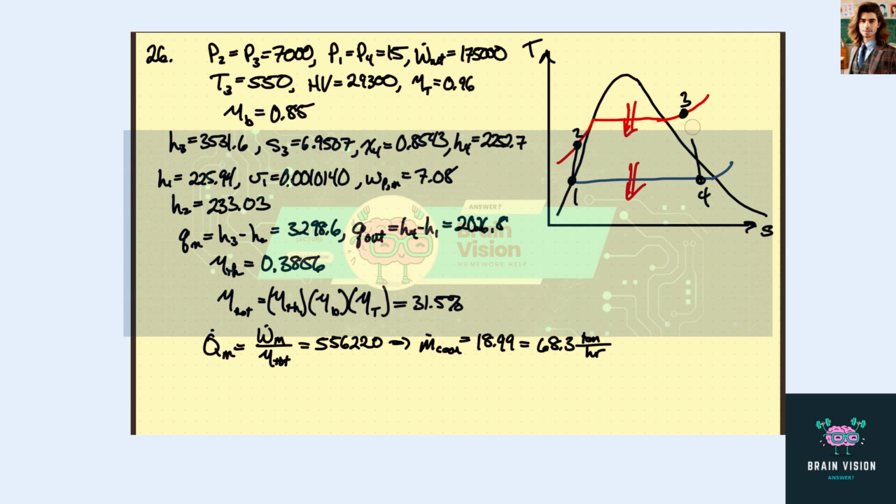So 4 should actually be directly below 3, and 2 should be directly above 1. Let's fix this and fill this all in. So we have 4 here, and we have 2 here.